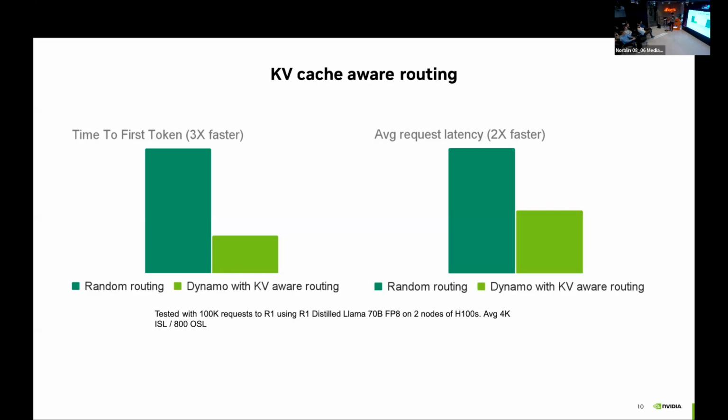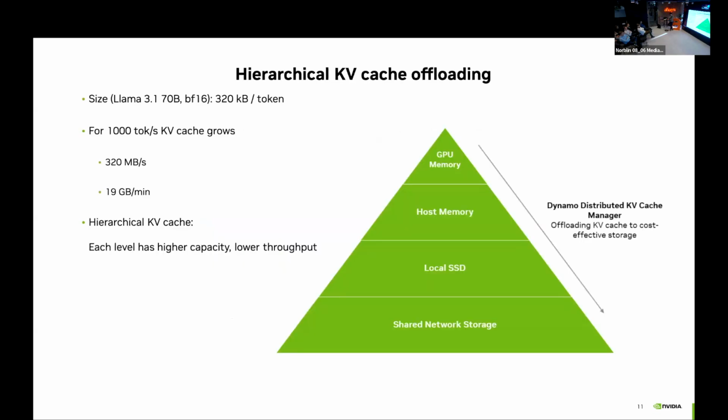So request latency won't be improved as much because you still have to generate the tokens, but the time to the first token is the most expensive one, because normally you have to calculate KVs for all of the tokens in the input sequence. Now you reuse them, so time to first token improved vastly. So that's the first component.